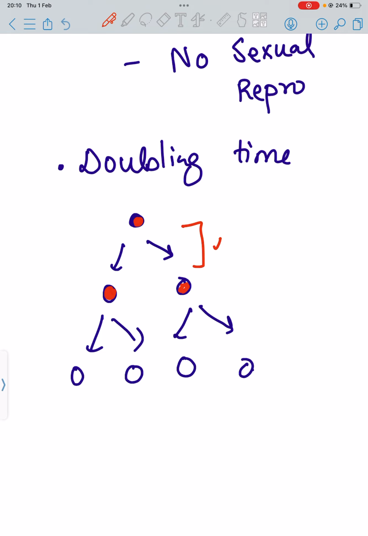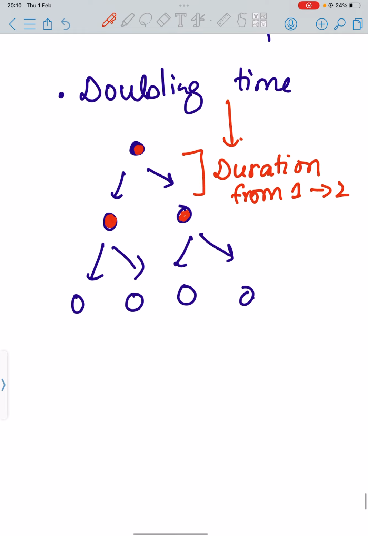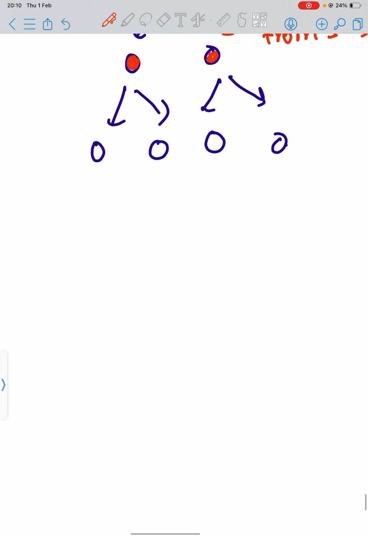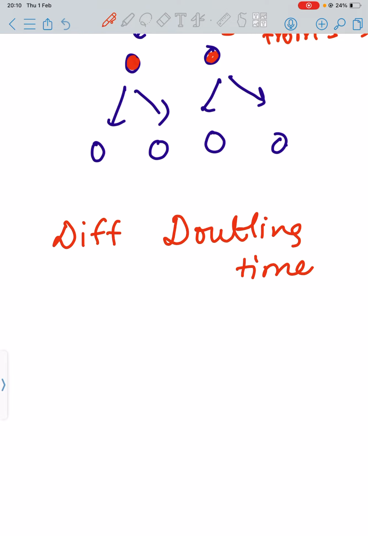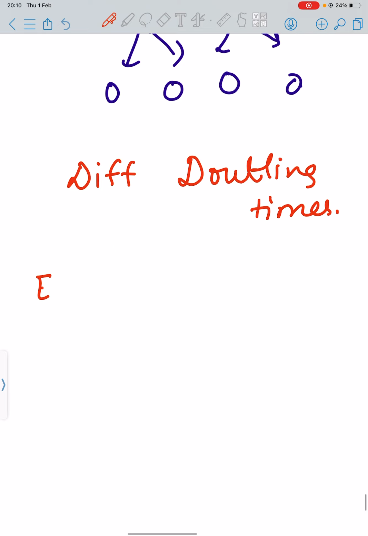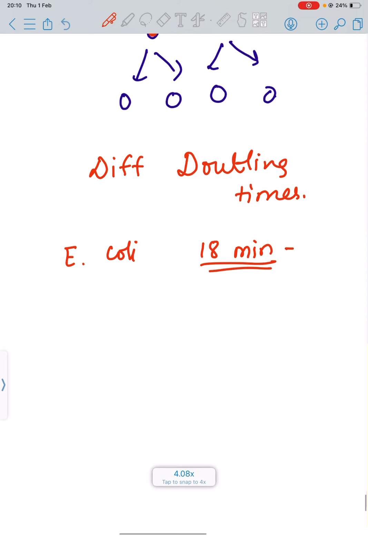This duration from 1 to 2 is known as doubling time. Clear? Now, bacteria have different doubling times. Obvious, right? So let's do some comparison. E. coli multiplies in 18 minutes. That is, doubling time is 18 minutes. Roughly, you can say 18 to 20 minutes.